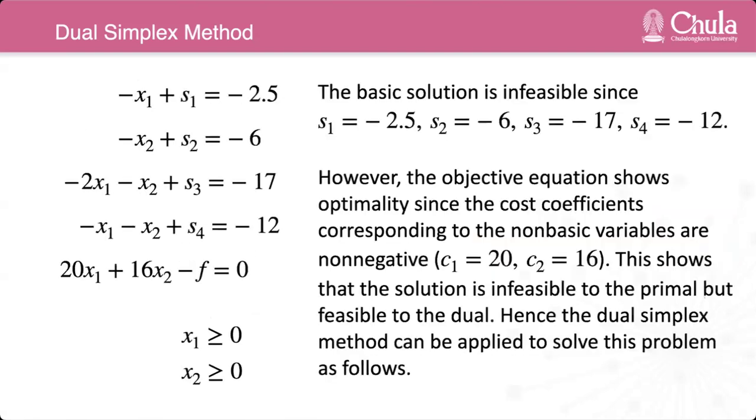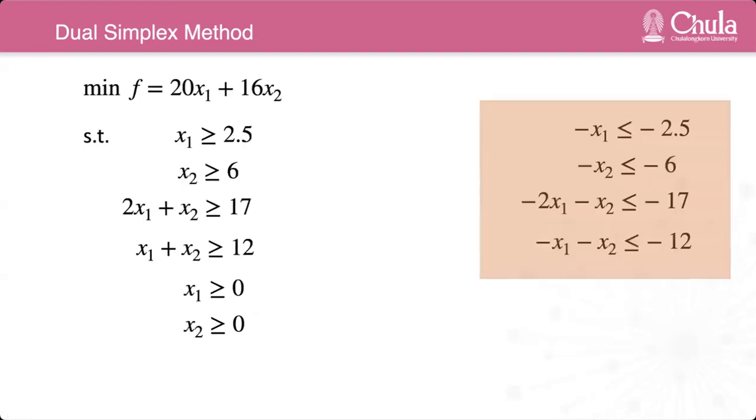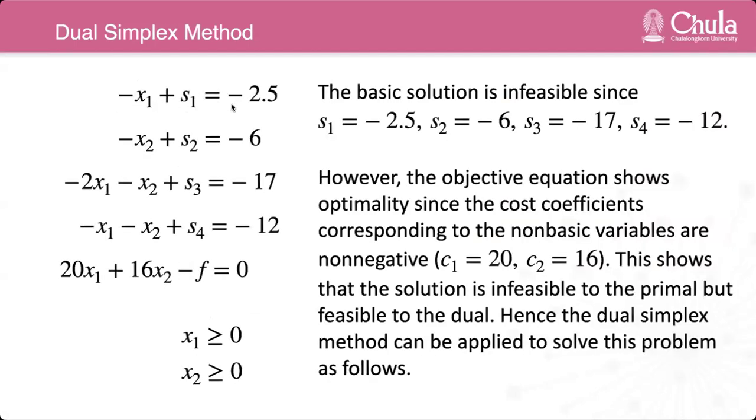So we follow the same idea. This is lesser or equal, so we add a slack variable, and this lesser or equal becomes equal. This one, we add S1, so from lesser or equal it becomes equality.